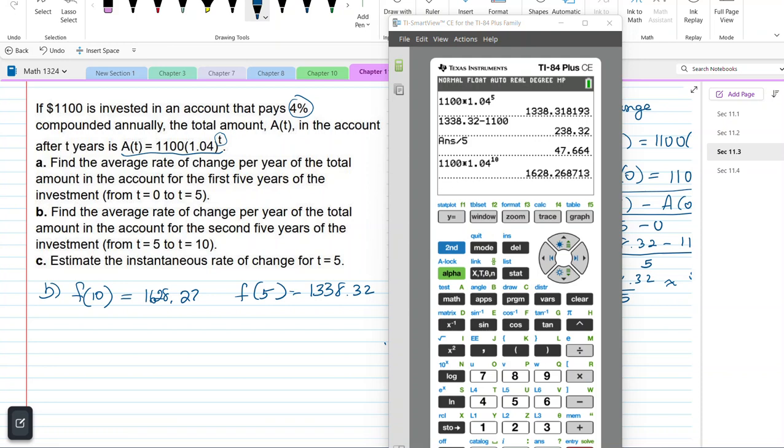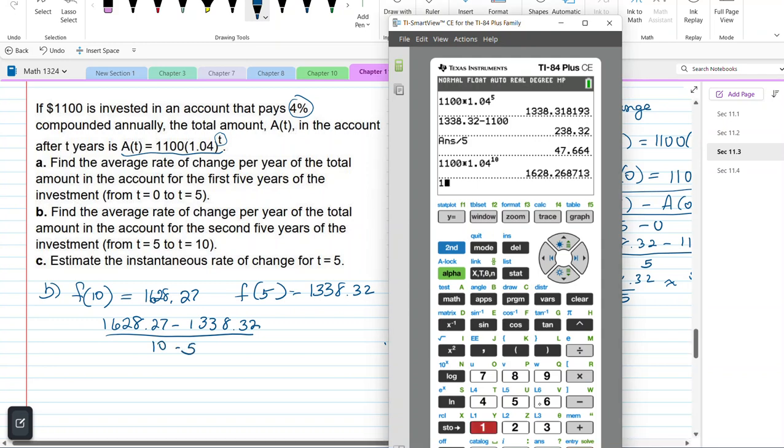Okay. So now I'm going to structure my rate of change. 1628.27 minus the 1338.32, and this is from 10 minus the 5.